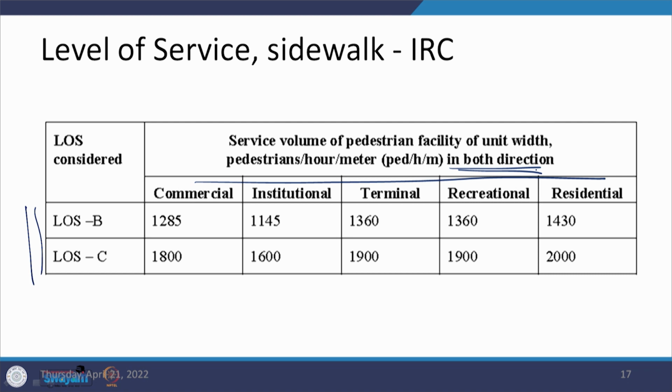The minimum value at LOS B is in the institutional areas, and similarly in LOS C also. But the higher values for LOS C come in the residential areas, recreational areas or the terminals where these facilities are located.